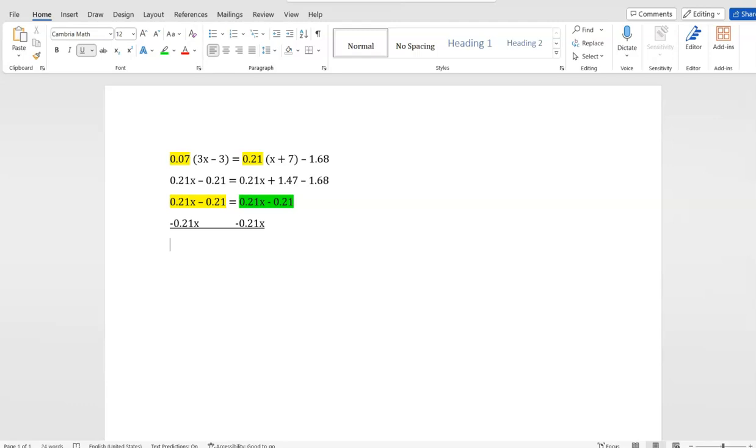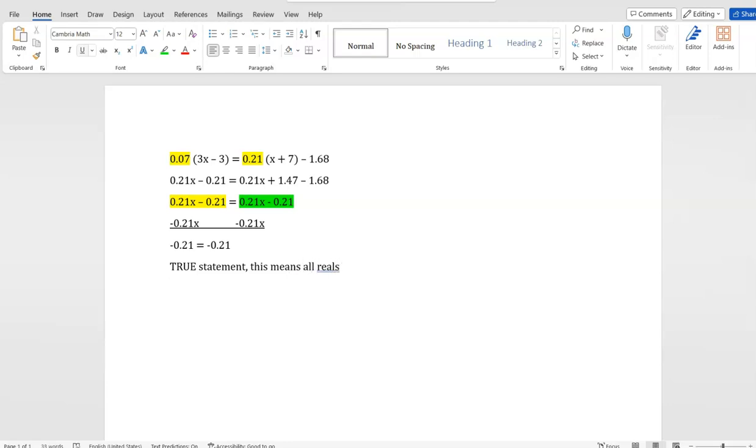Oh, well, that's a 0, so I've got negative 0.21 equals negative 0.21. And I have no variable left. But this is a true statement, right? So because it's a true statement, this means all reals.